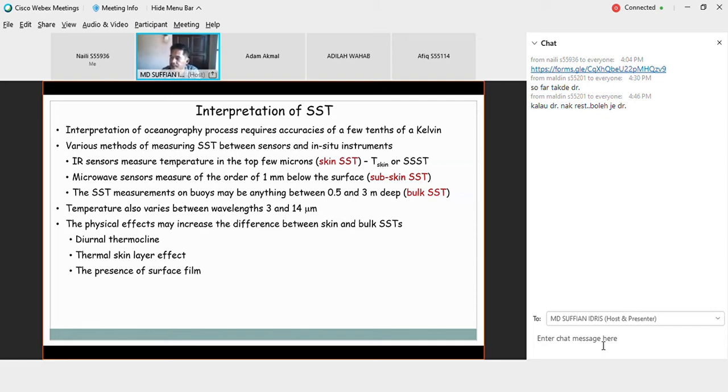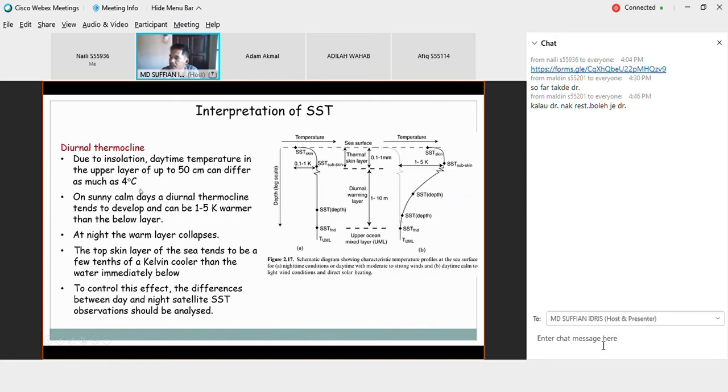And there is also surface film, especially from oil. So kalau kita ada impact oil pada insulation, radiation, daytime temperature can rise as much as 4 degrees Celsius.